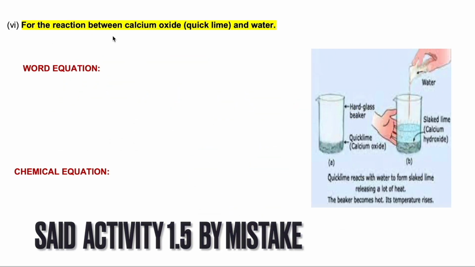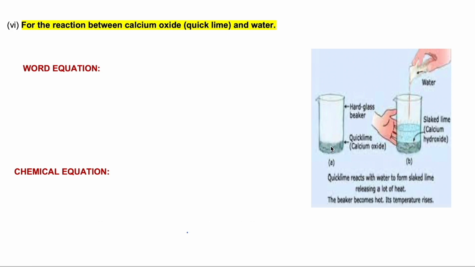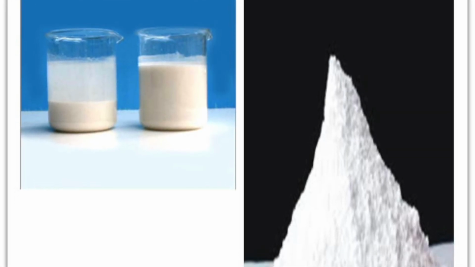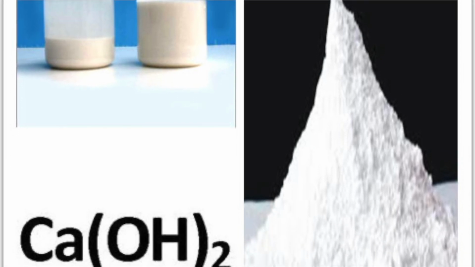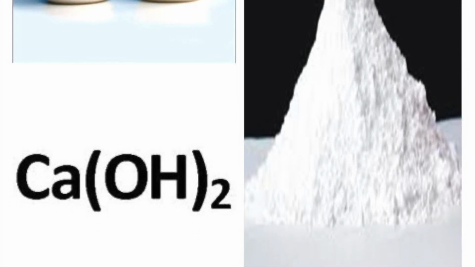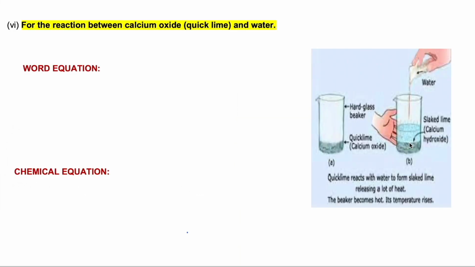This activity says when water is added to calcium oxide, which is commonly called quicklime, a vigorous reaction with a hissing sound occurs and slaked lime or calcium hydroxide is formed, and when we touch the beaker we feel that it is quite hot.